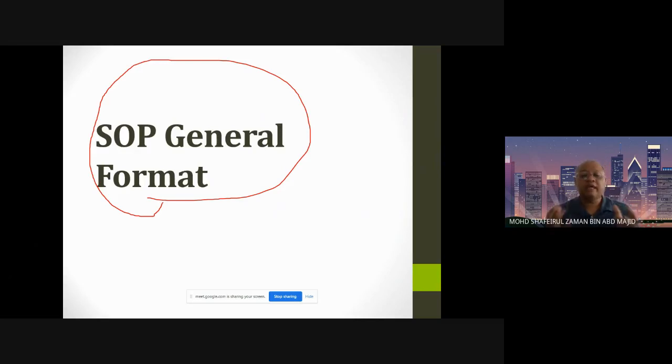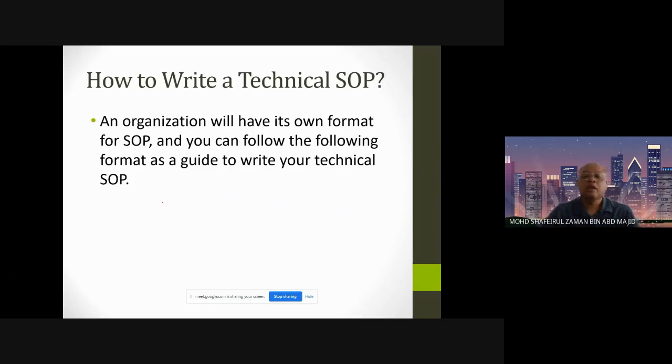So here we are going to give you the general format and what you should be filling in when it comes to the SOP itself, not only for the assessment but also when you start working later on. So how to write a technical SOP? Remember, there are two types of SOP: technical SOP and administrative SOP.